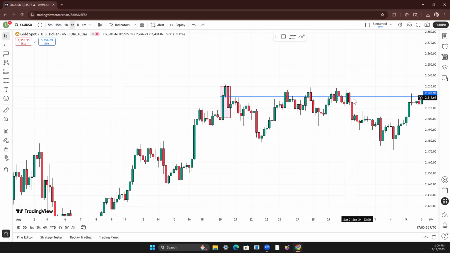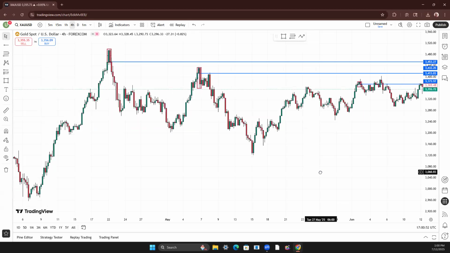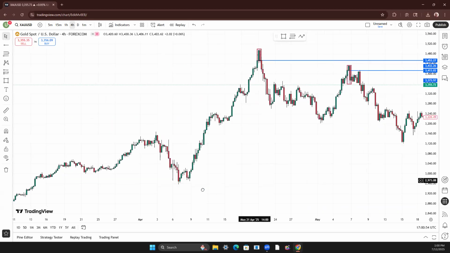But 50-50 chance it's going to bounce off this line and continue its journey downward. So if you miss entering the trade over here, you just wait for the market to come back and retest the blue line. All right, so let's move forward and let me show you what I'm talking about.